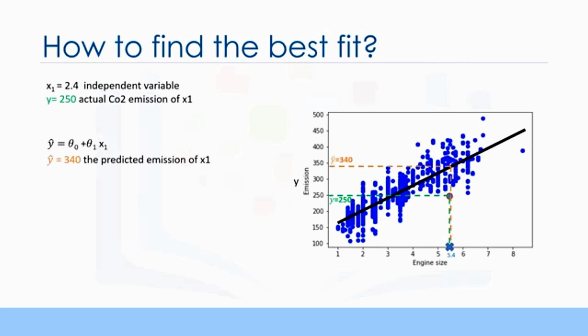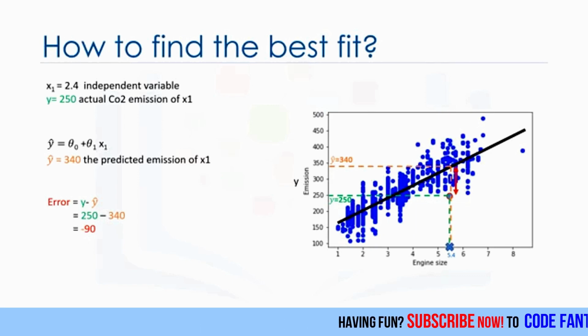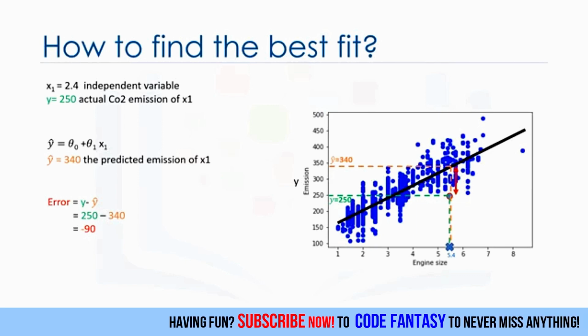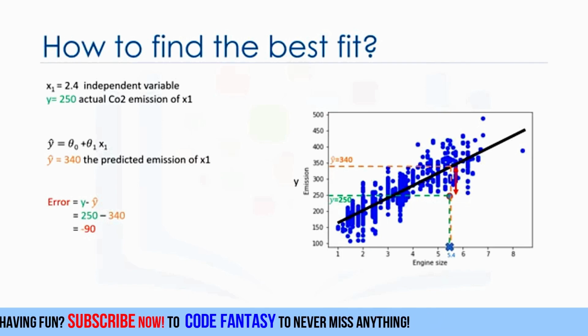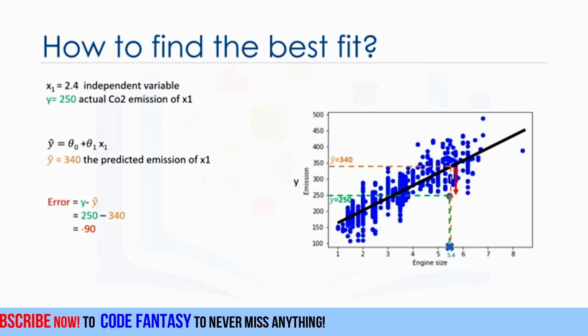But if we use the fit line, or better to say, using our polynomial with known parameters to predict the CO2 emission, it will return y hat equals 340. Now, if you compare the actual value of the emission of the car with what we've predicted using our model, you will find out that we have a 90-unit error. This means our prediction line is not accurate. This error is also called the residual error. So, we can say the error is the distance from the data point to the fitted regression line.